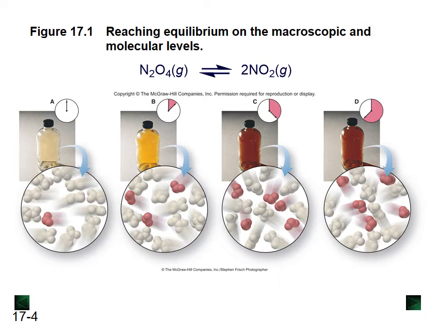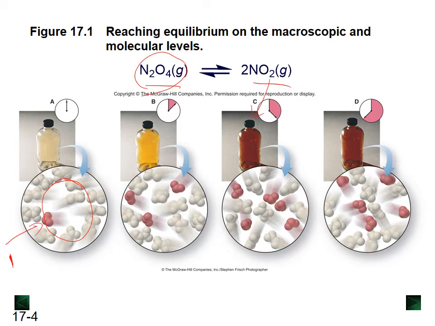This diagram shows how a chemical reaction approaches equilibrium on the macroscopic and the molecular level. The reactant is N2O4 and the product is NO2, which has a dark brown color. At the beginning, the container contains almost all reactant N2O4, with only one product.